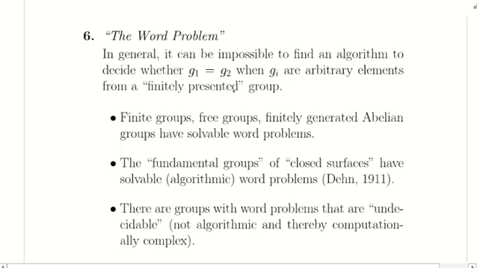Just because you can't find a sequence of insertions or deletions from the set of relations to take one element from a group and show that it's equal to another element in a group with a finite presentation doesn't mean that it doesn't exist.